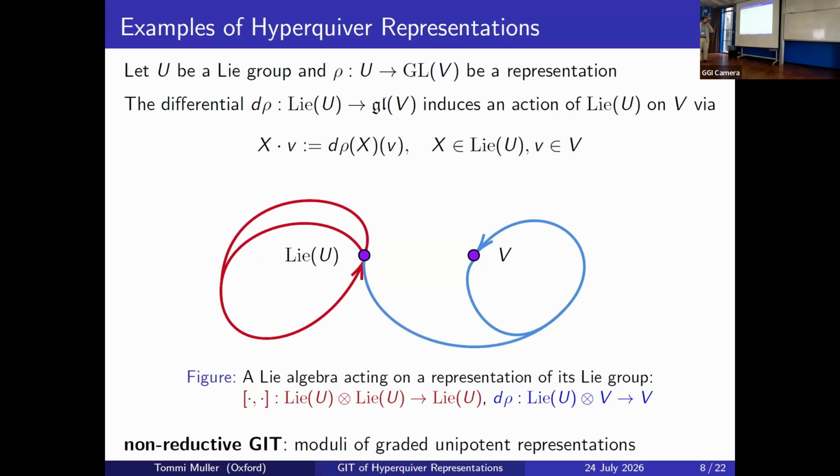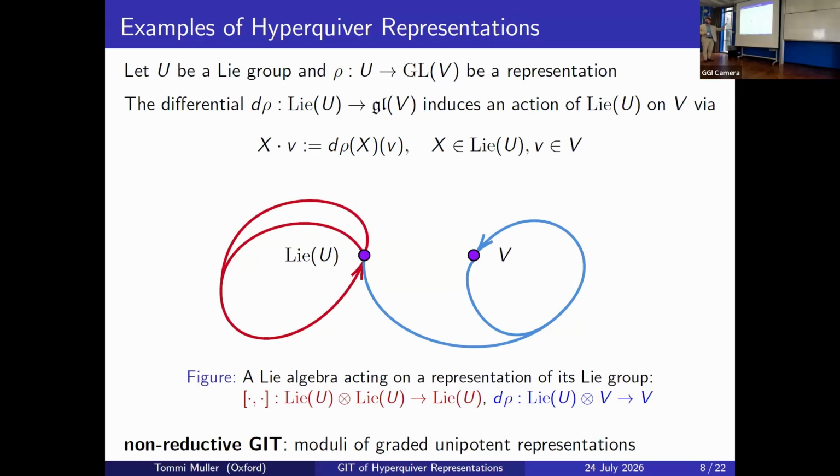Because with non-reductive GIT, you usually have some unipotent group that's graded by a one-parameter subgroup, such that the one-parameter subgroup acts with positive weights on every piece of the grading of the Lie algebra.